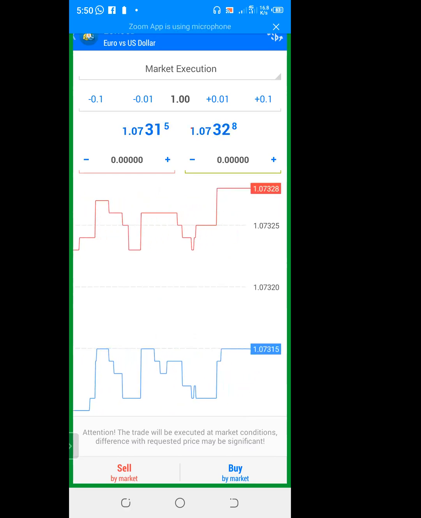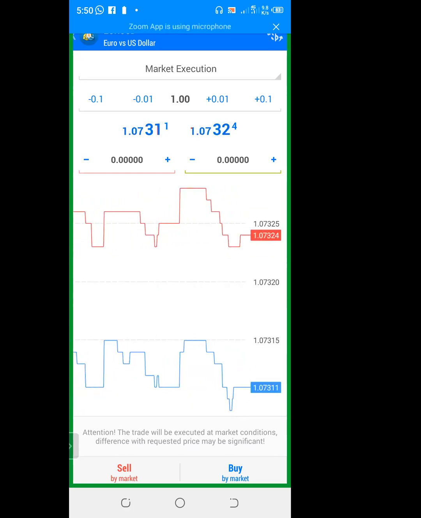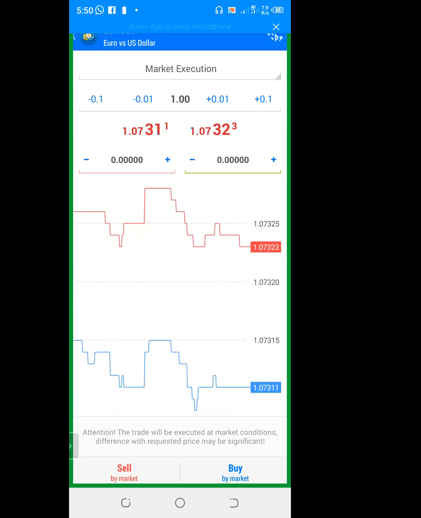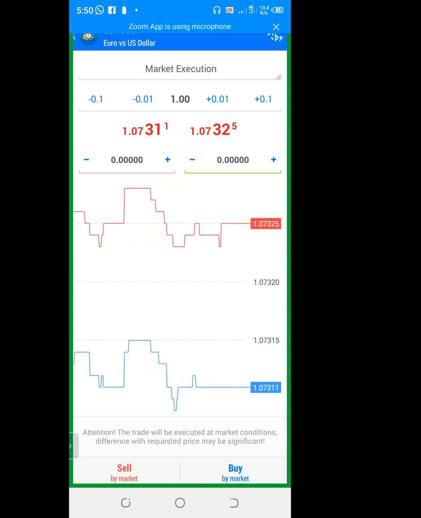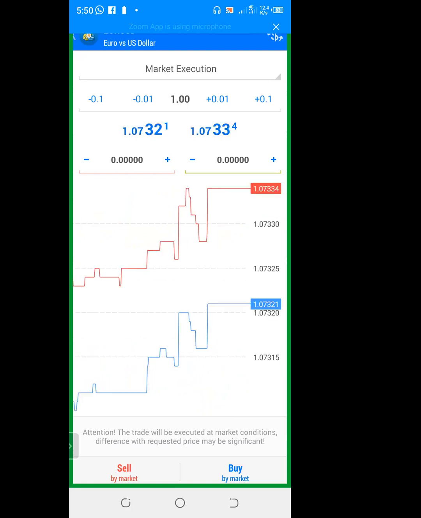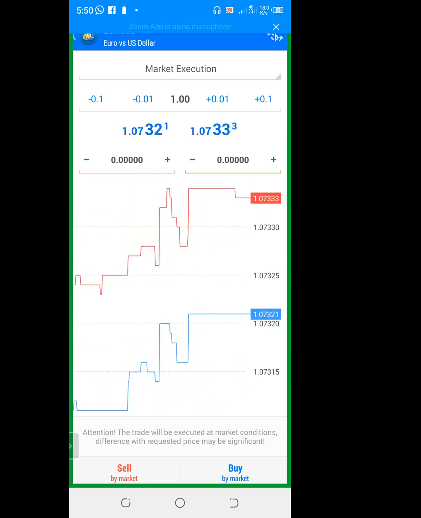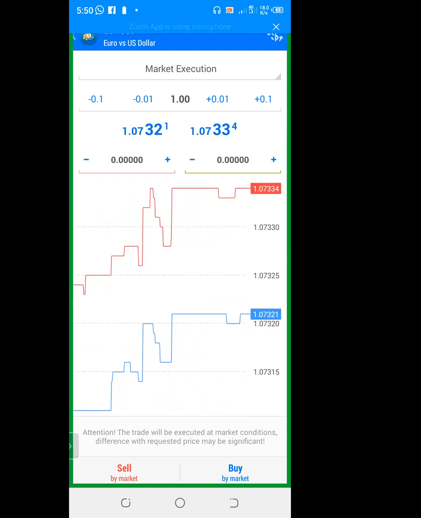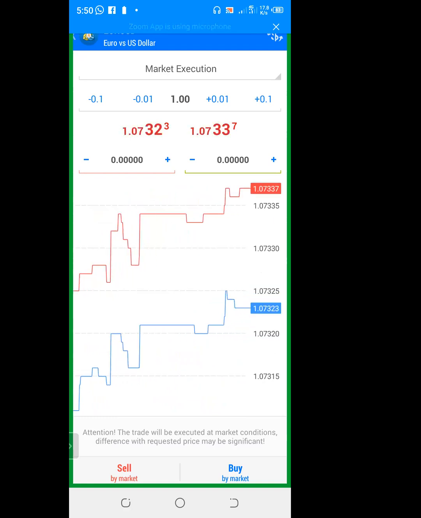It's 1.00 or 0.00 or 0.1. What are you seeing under market execution? The one that is in black. The one that is in black is 0.00000. No, it cannot be 00. Look at John's screen where they wrote 1.00. What is in your own there?